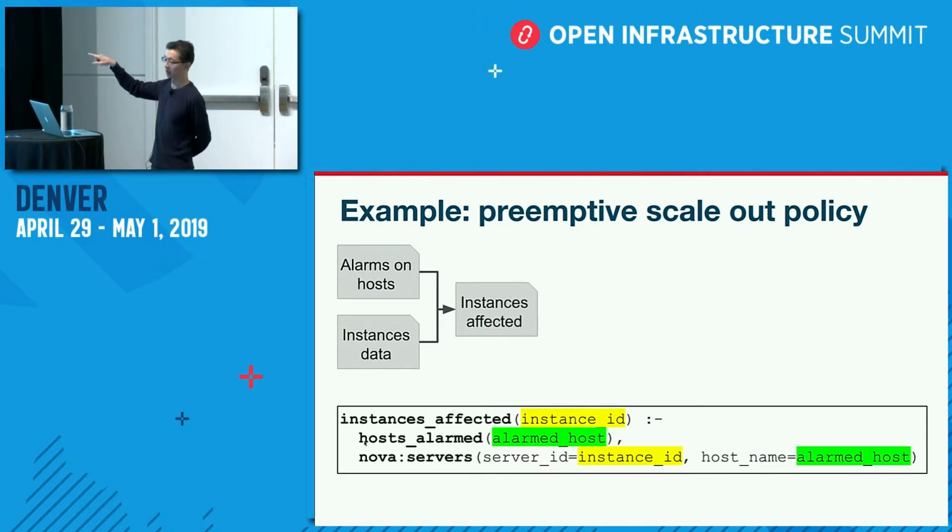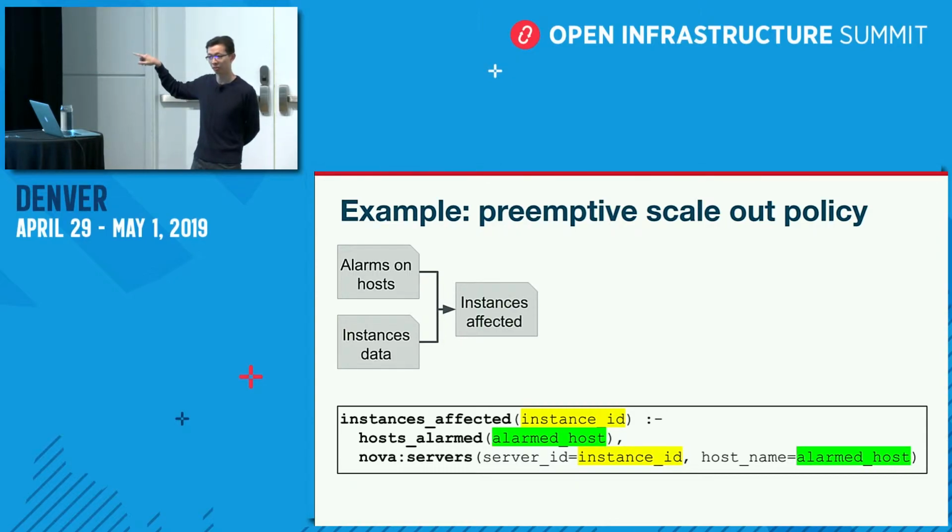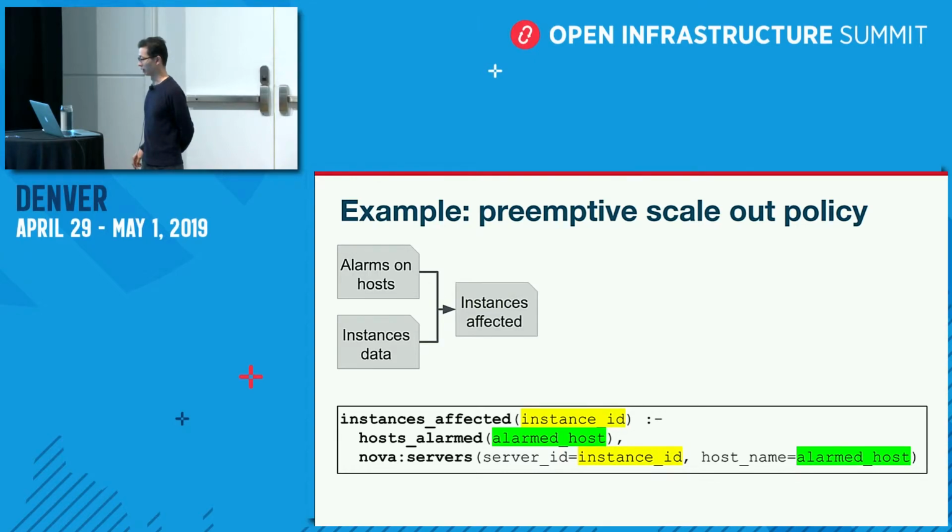It's joining the host alarm table with the Nova service table by matching on the alarmed host column or field, right? And so at the end, computing the top line right there, which is the instances that are affected. So it's a database query, right?